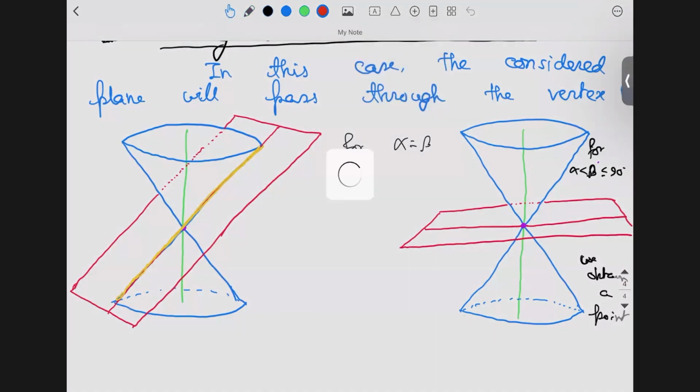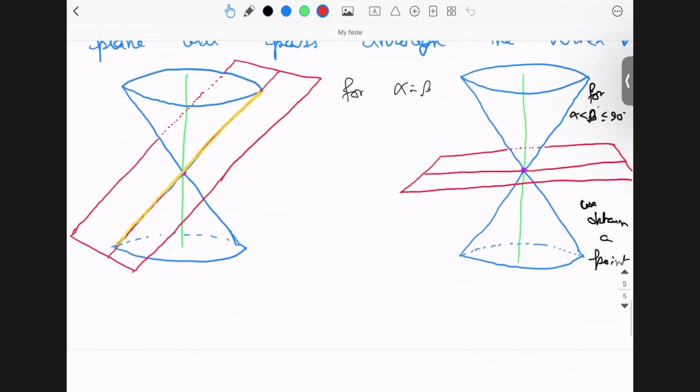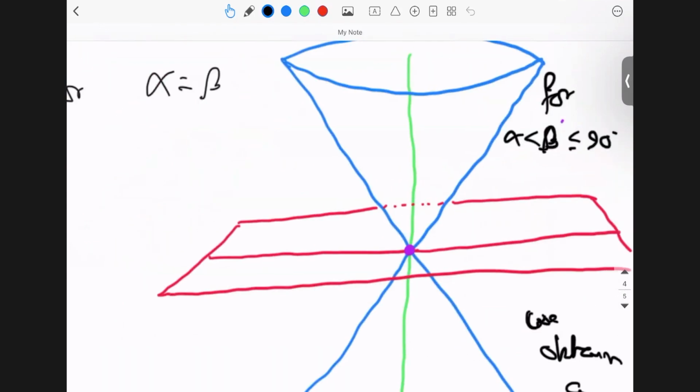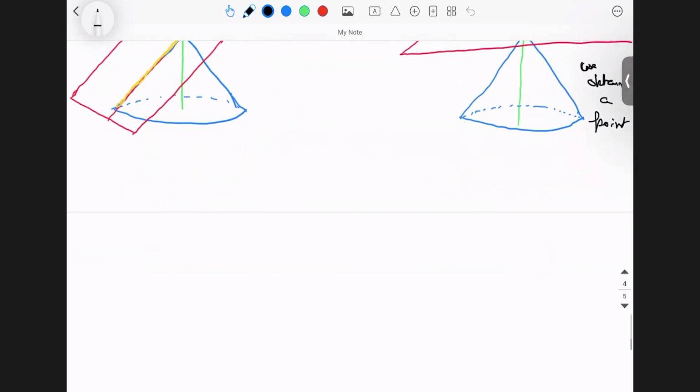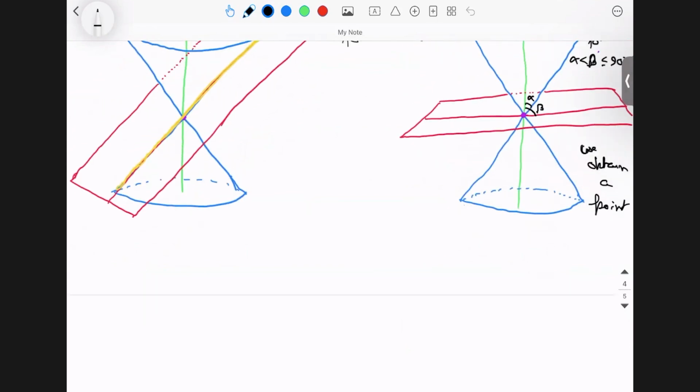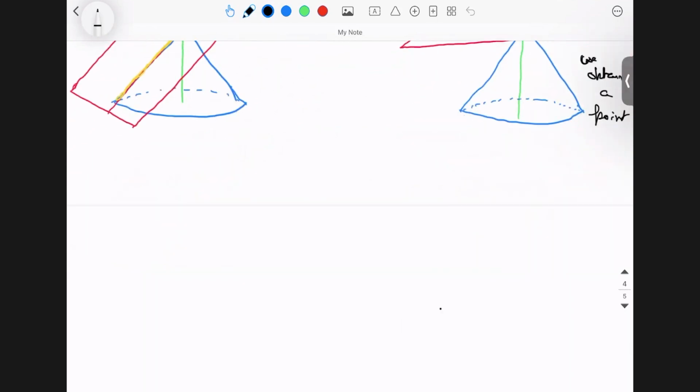Let's draw a figure again, which is passing through the vertex and making some angle less than 90 but greater than alpha. Alpha is the angle you know about this, and beta will be this angle. In this case, beta is 90 degrees, so it is greater than alpha. And now I am talking about the case where beta is less than 90 but greater than alpha. In that case, the drawing will be like this.